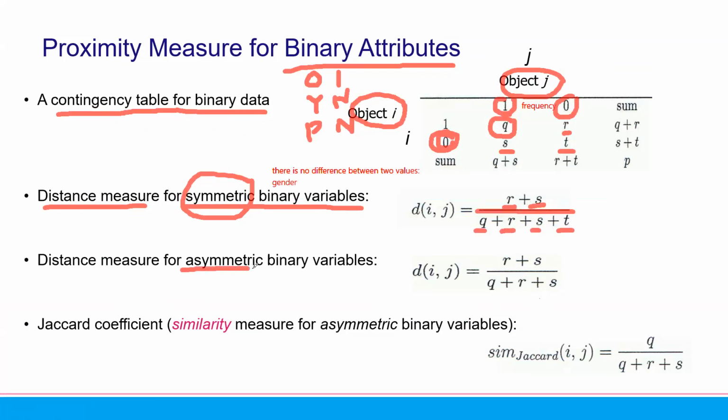What about asymmetric binary variables? What is asymmetric? There is a difference between the two values.